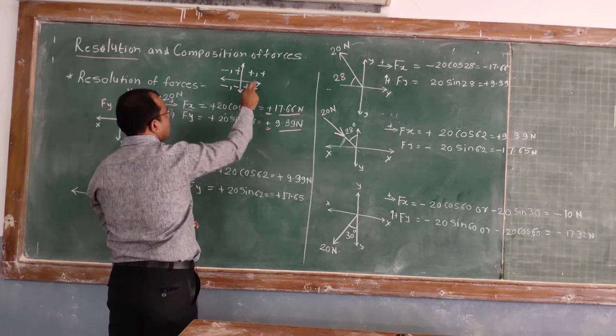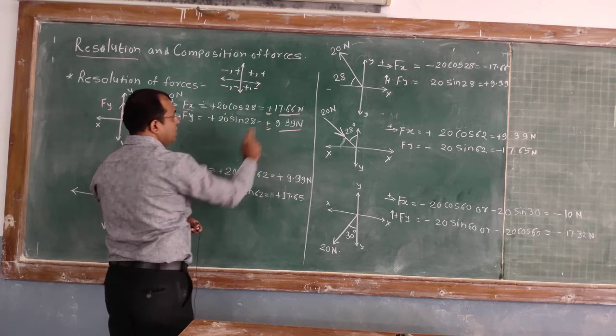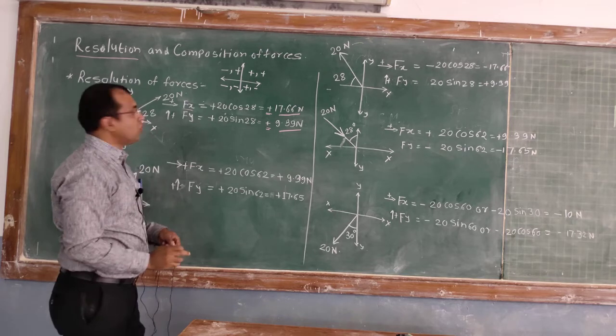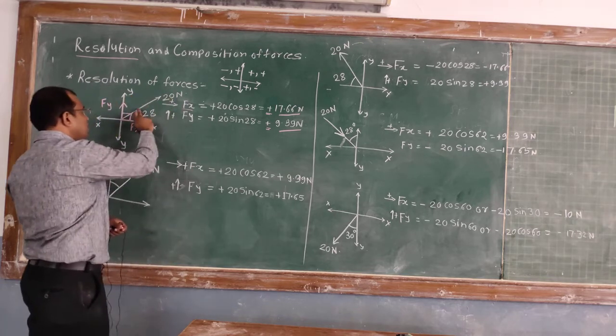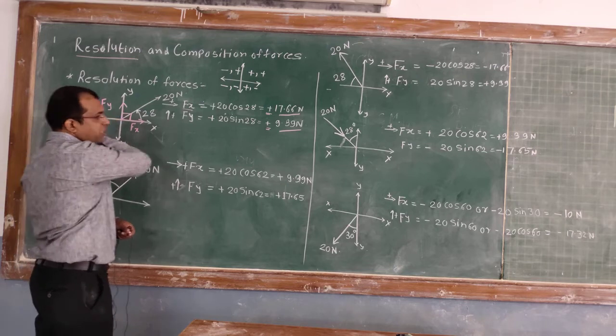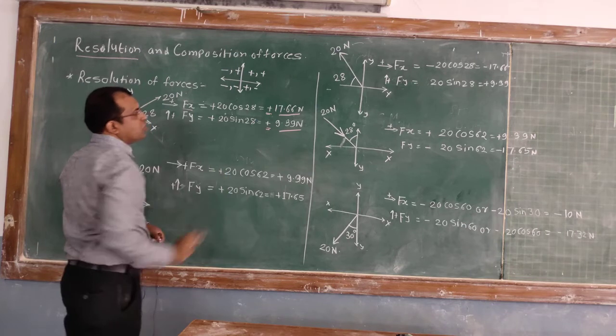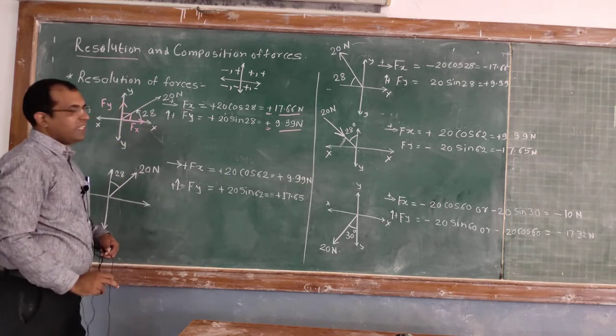So according to this quadrant system, we have to give the sign to the x and y components of this force. Now this 20 Newton force is in the first quadrant, so if the component is going towards the positive x direction, it is positive. 17.66 is our answer.